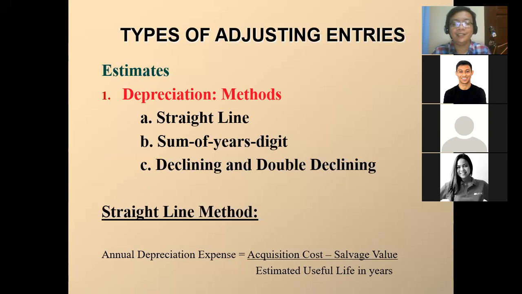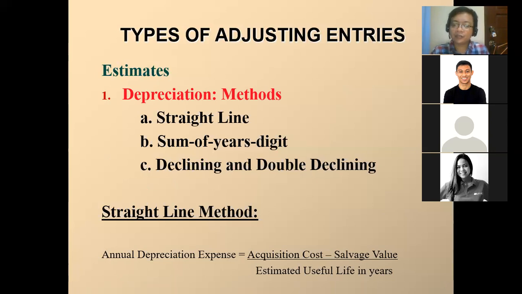Very good, Selena. For example, Martin bought a Honda CRV worth 2 million. Martin says maybe after 5 years we can sell it, and the cost of it, let's say, is just 500,000. So after 5 years, when Martin sells the Honda CRV, the cost is 500,000.